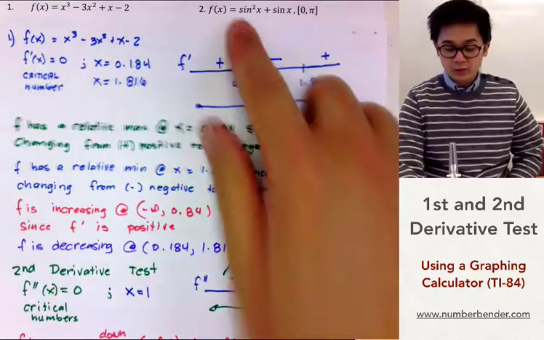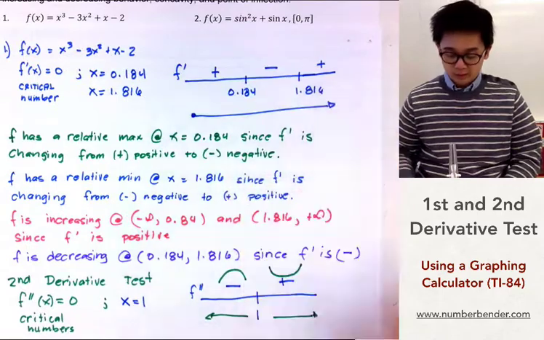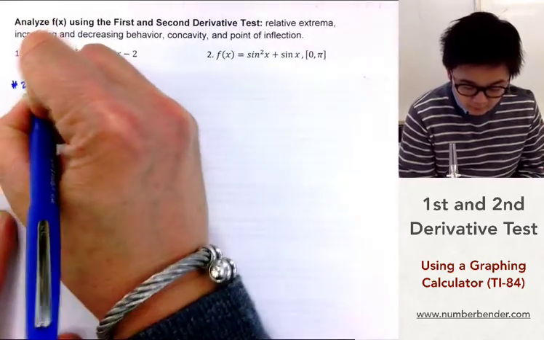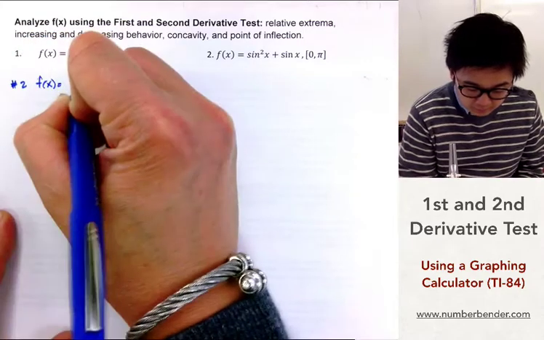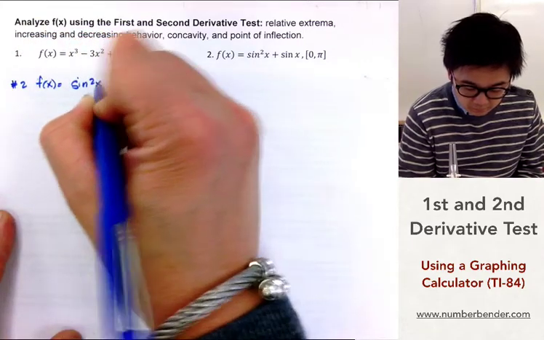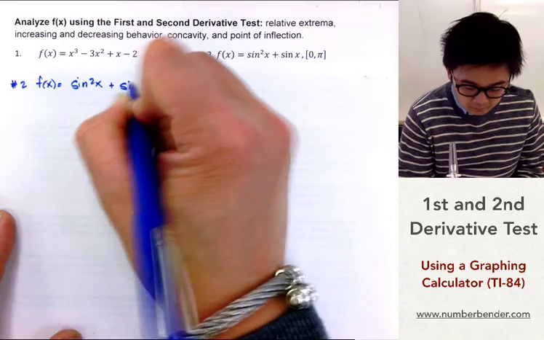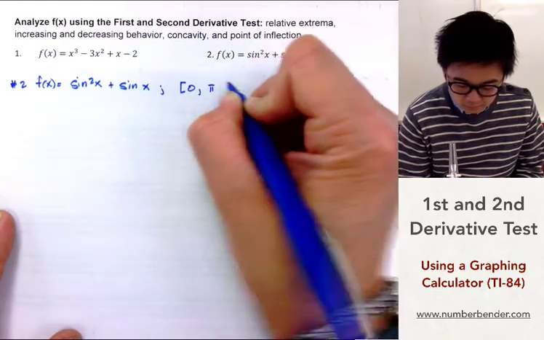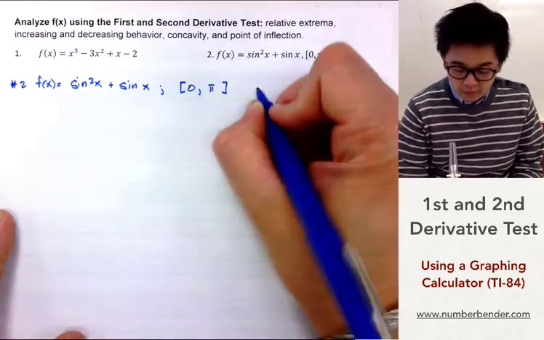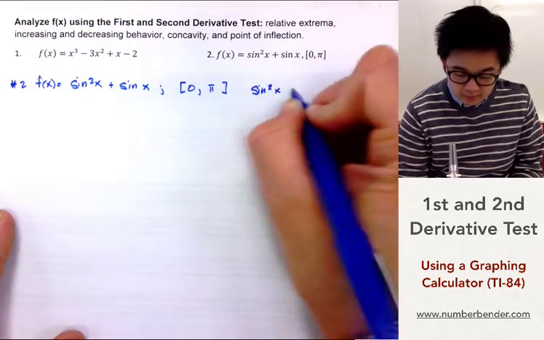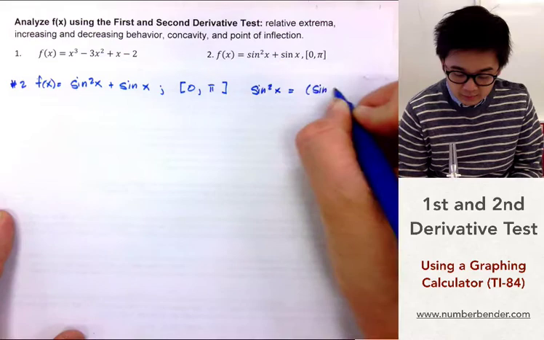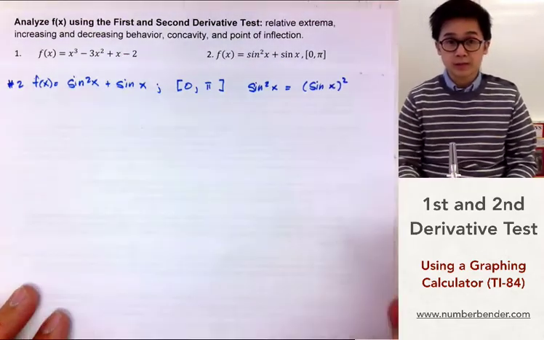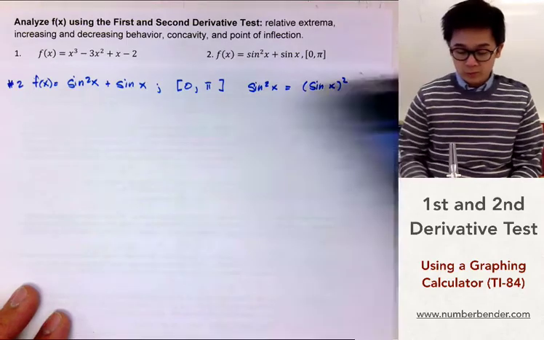Now let's go ahead and answer problem number 2 for a trig function. We have f of x. So we know that sine squared x is the same as sine x squared, because this is the notation that we're going to be using in our TI-84 when we graph it.